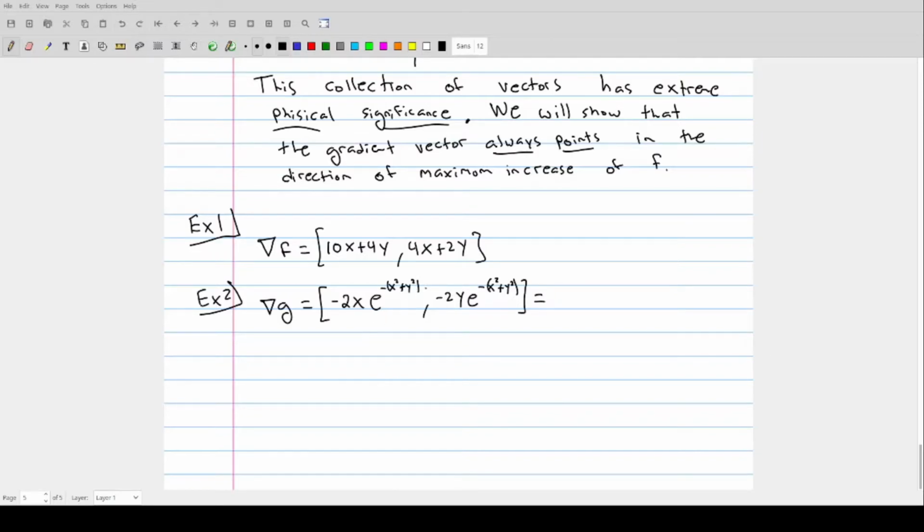This is the same thing as the vector negative 2x, negative 2y, multiplied by the scalar function e to the negative x squared plus y squared. This is just a simpler way of writing this gradient.